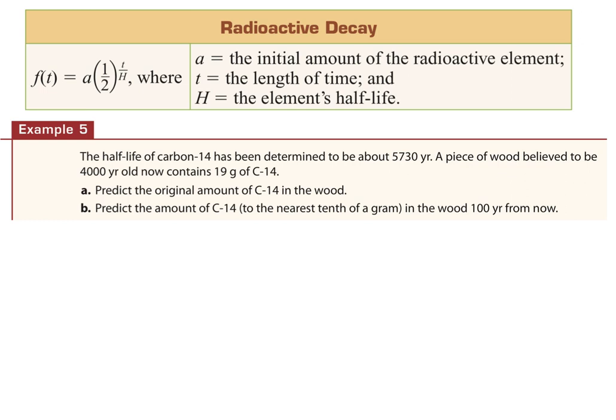The last type of word problem that is pretty standard for exponential problems is your radioactive decay or half-life. And so when you think half-life, just the term half kind of indicates what your base is. Your base is always 1/2. You do have a starting amount. This is the amount of substance that you started with before it started decaying.